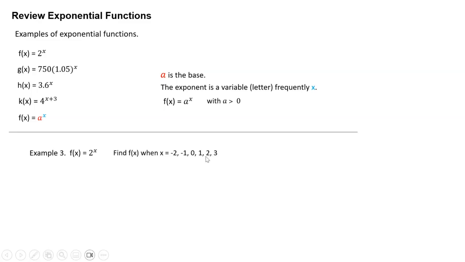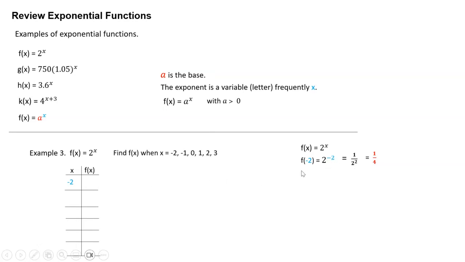At times, -2 to 2. It all depends on the base. But in this case, we're going to get a little table. When x is -2, I'm going to plug in -2 where the x is. So the answer will be 1 over 2 squared, which is equal to 1/4. The negative exponent rule, we covered that also last week.